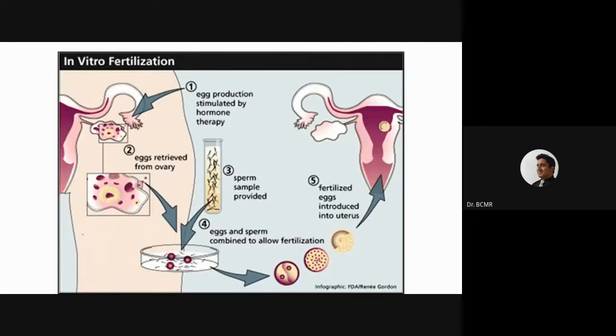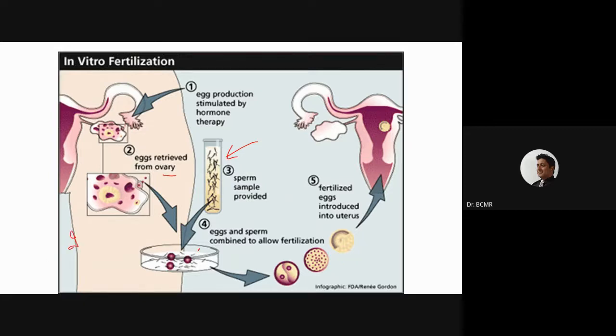So what do they do in in vitro fertilization? They will hormonally stimulate the female to superovulate, or to ovulate many eggs, and they will retrieve the eggs from the ovary, and they will take the sperm from the man, and they will mix them here.